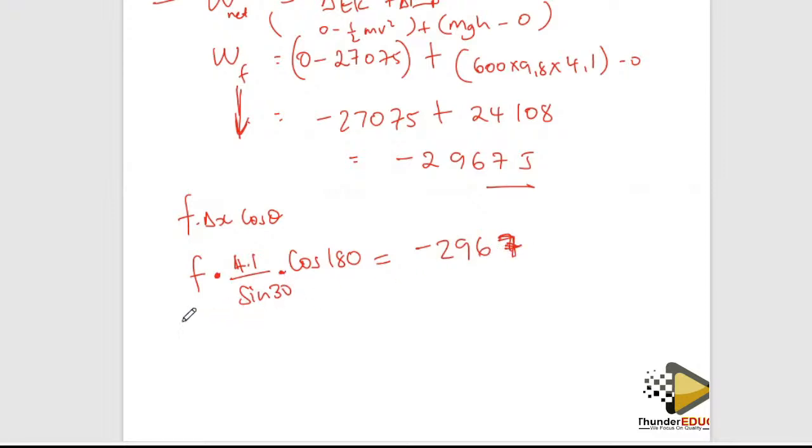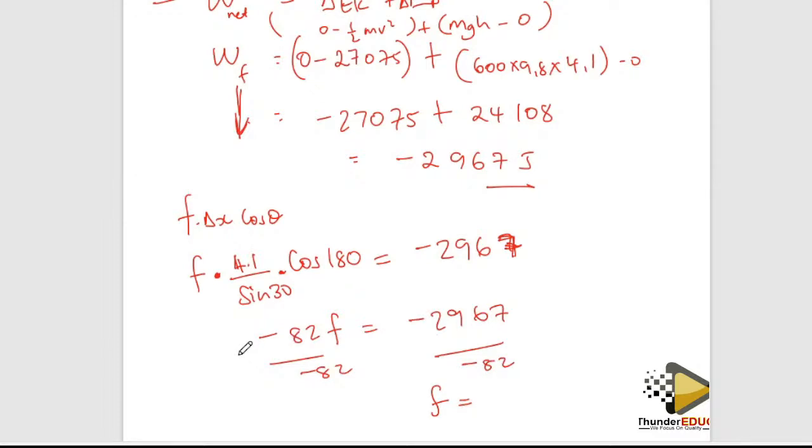Then when I simplify my left-hand side, 4.1 over sine 30, I'm multiplying it by cos 180, and that's negative 8.2. F is equal to negative 2,967. Then I'll divide both sides by negative 8.2. So 2,967 divided by 8.2, I'm getting 36.182.